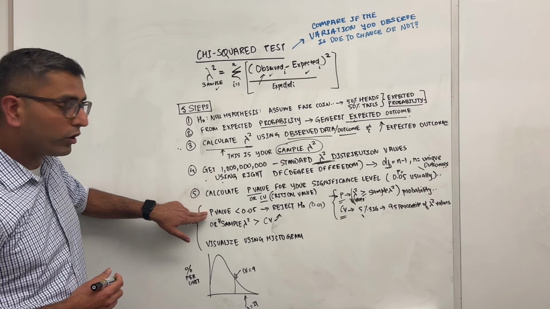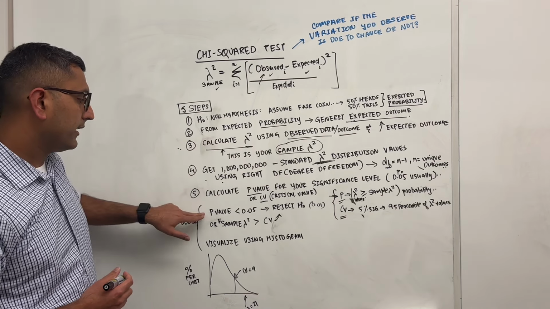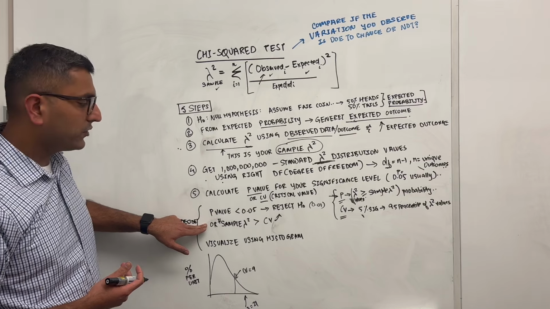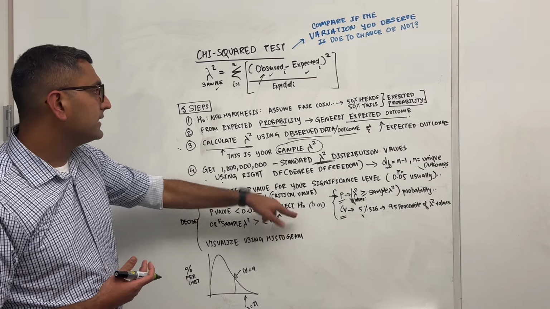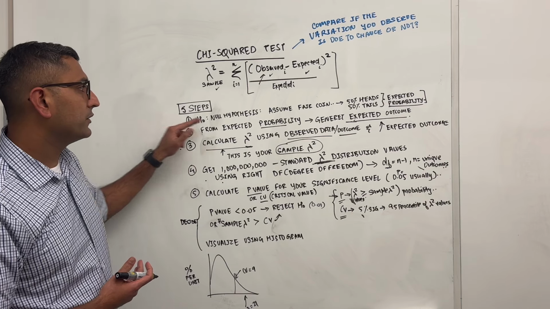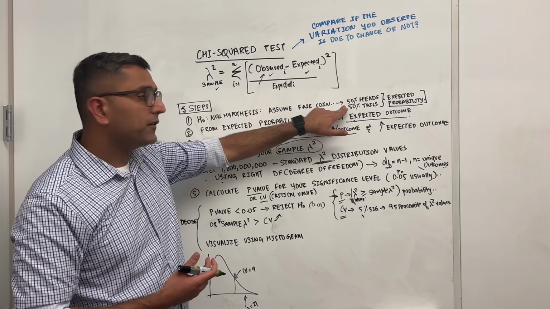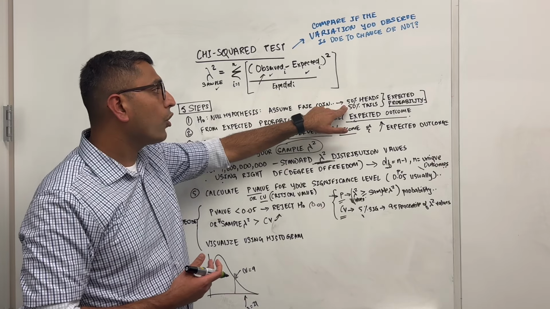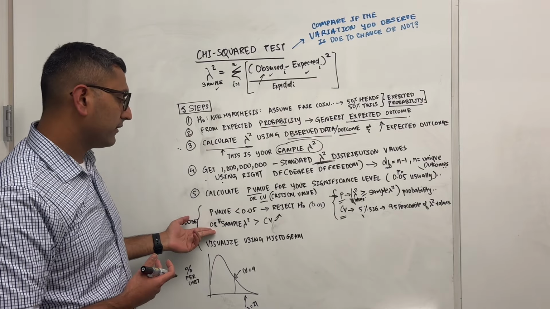You cannot ignore this value, or you look at your sample chi-squared. If it's greater than your critical value, then you reject the null hypothesis. In this case, if you reject the null hypothesis, you say, I reject the fact that these are fair coins, meaning these 50-50 probabilities don't exist. In a sense I'm saying these are not fair coins.